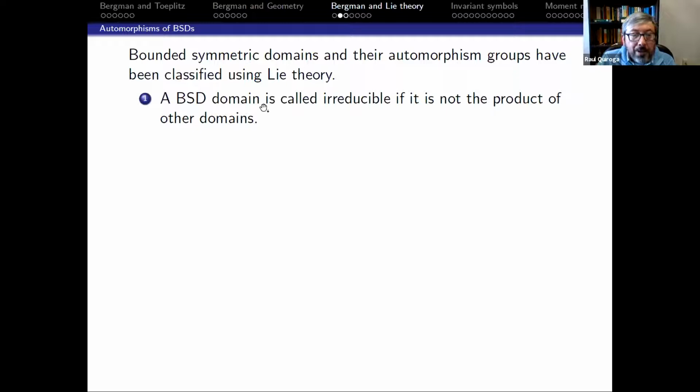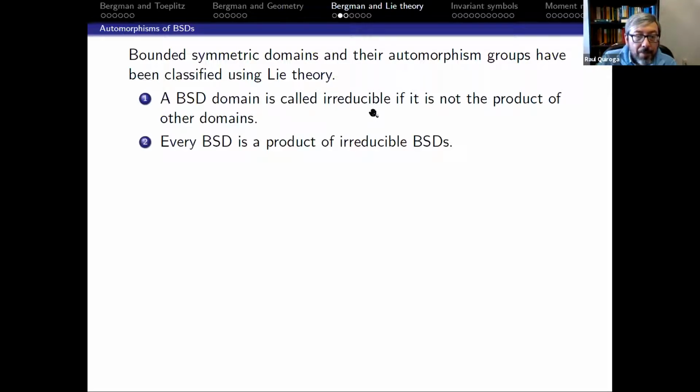First, a bounded symmetric domain is called irreducible if it is not the product of other domains. For example, the unit ball, by a theorem of Cartan, is very well known to be not a product. However, of course, you can take polydisks, which are products. So that's the notion of irreducibility.